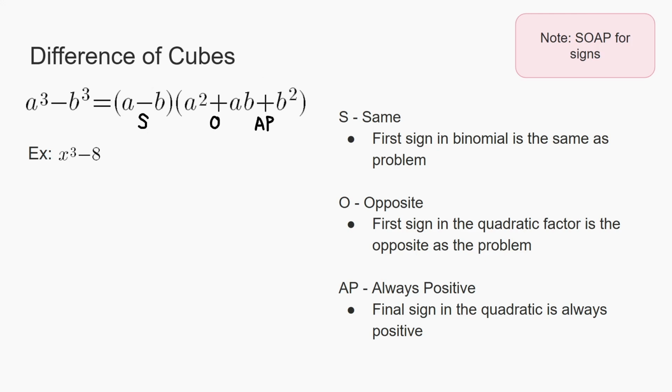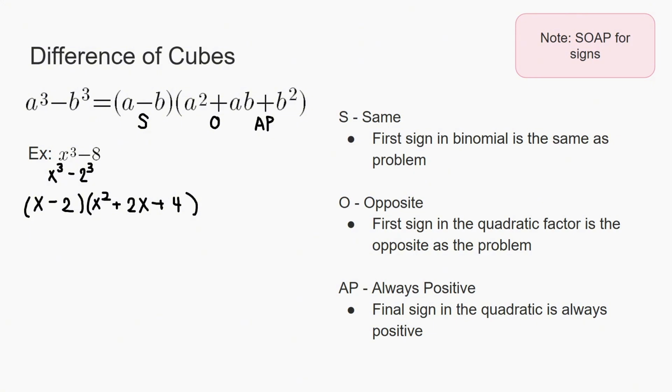Now we can do the same thing. So 8 is 2 cubed, so this is actually x cubed minus 2 cubed. Now we can factor out our equation. This gives us x minus 2, x squared plus 2x plus 4.